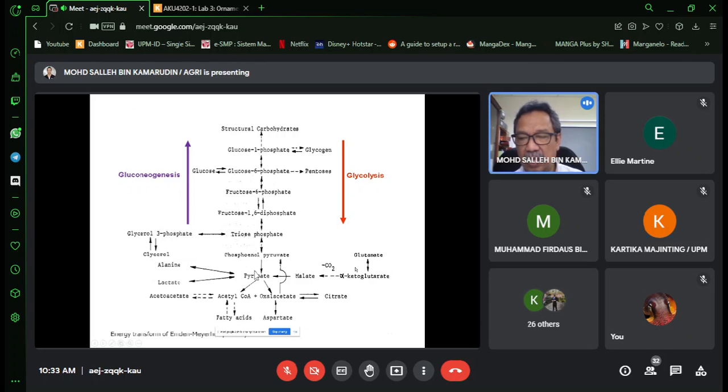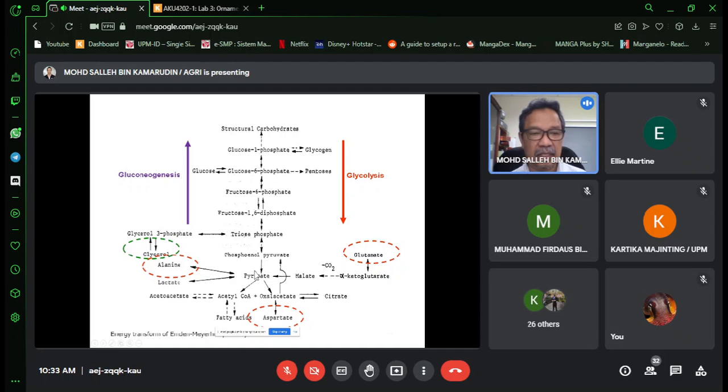And that's what some amino acid protein boleh dikonvertkan balik menjadi glukos ya, dan bila jadi glukos masuk balik ke sini ya, so rugilah bila glukos itu digunakan untuk sebagai tenaga selepas digunakan daripada convert daripada protein ya.